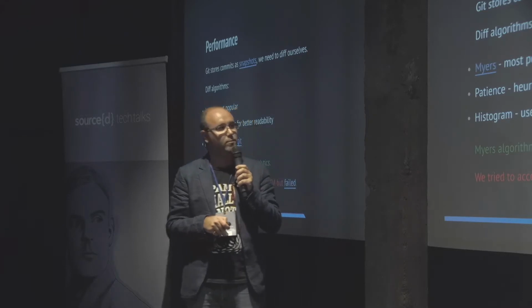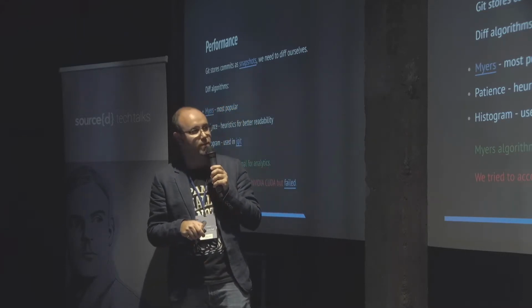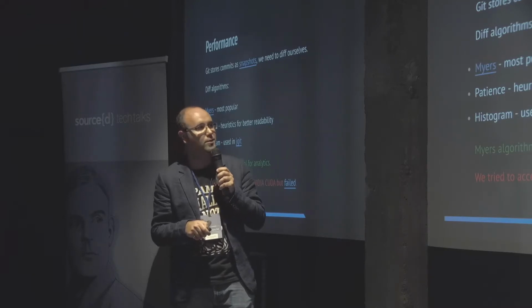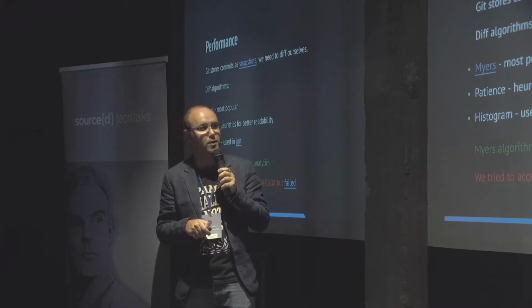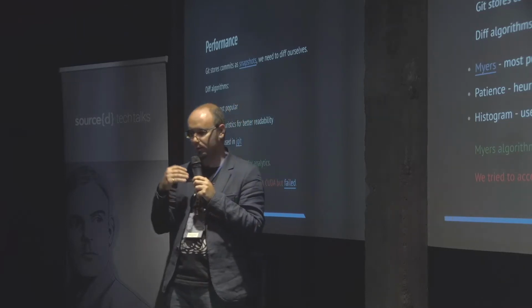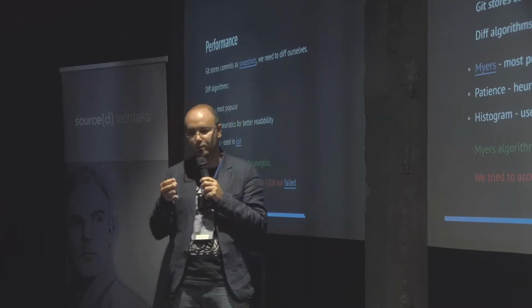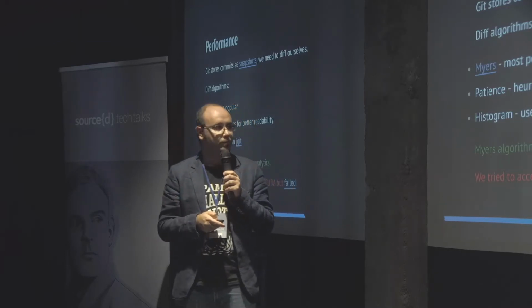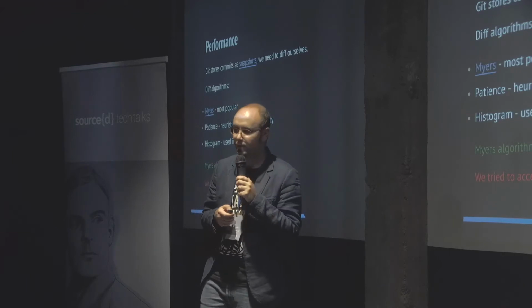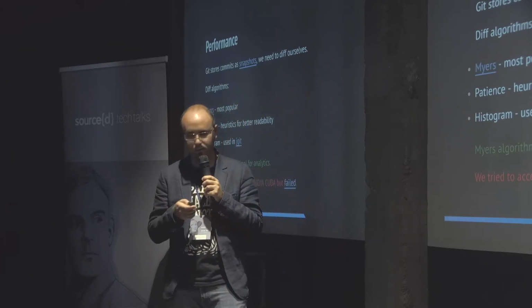This is why other diff algorithms were developed: patience and histogram. I think the complexity of patience and histogram is higher, but they are more like a human readable way of diff. In our case, we just use analytics, so we can be a bit imprecise, not so fancy.